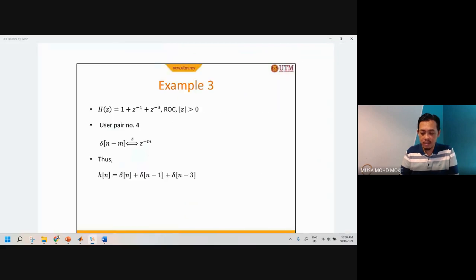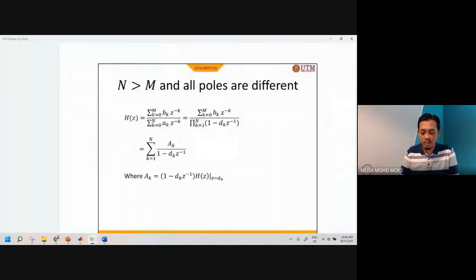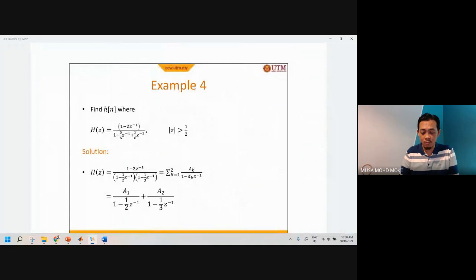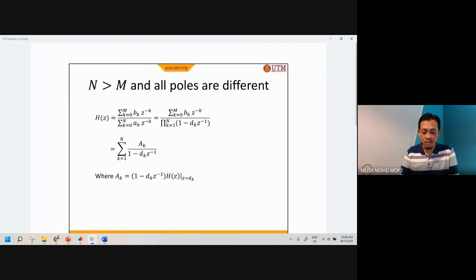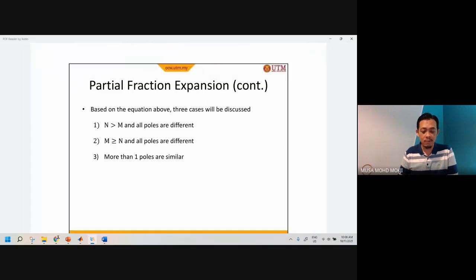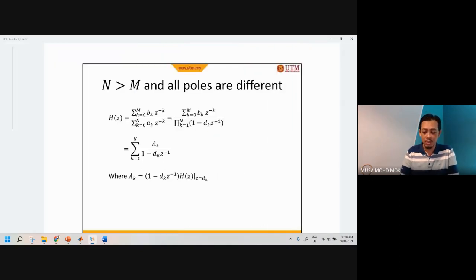We have seen several examples in our last class, and what we should do is a partial fraction expansion, because we want to convert whatever we have into the forms that we have in the table.